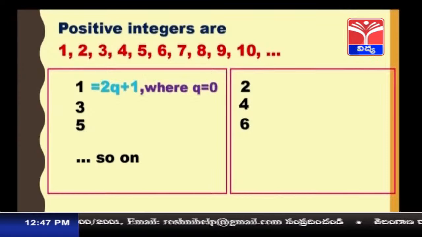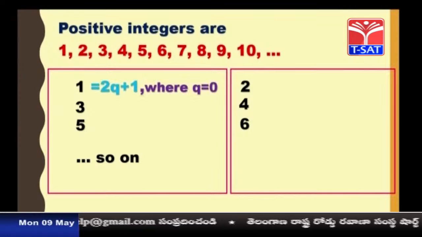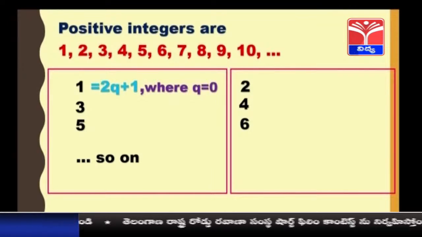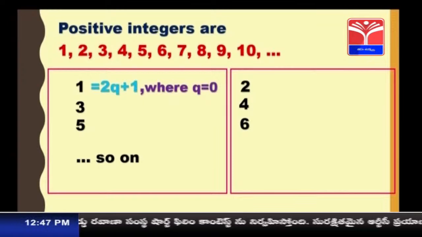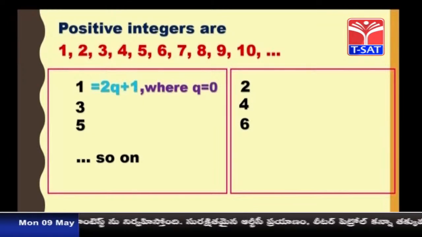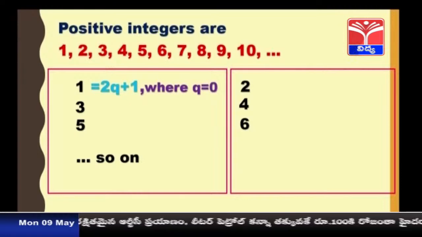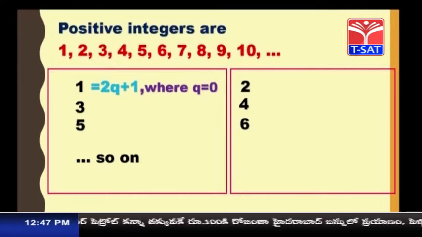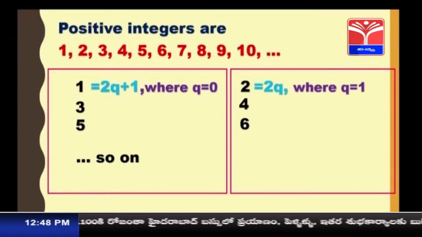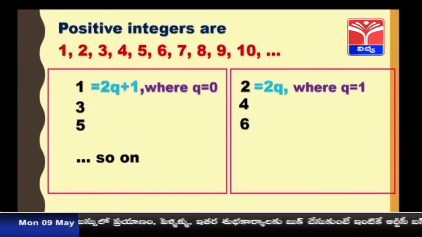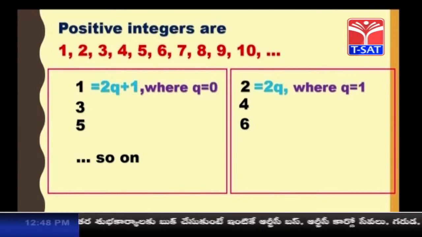Now 1 can be written as 2q plus 1, where q is equal to 0. Substituting q equal to 0 in 2q plus 1, 2 into 0 is 0, plus 1. And 2 can be written as 2q, where q is equal to 1.